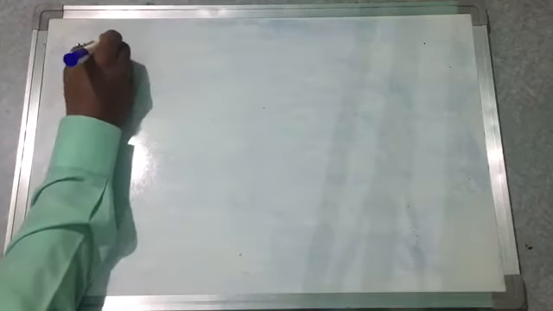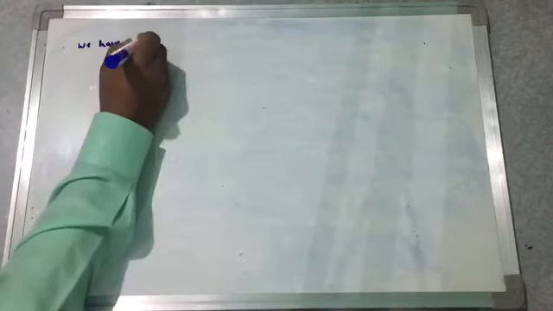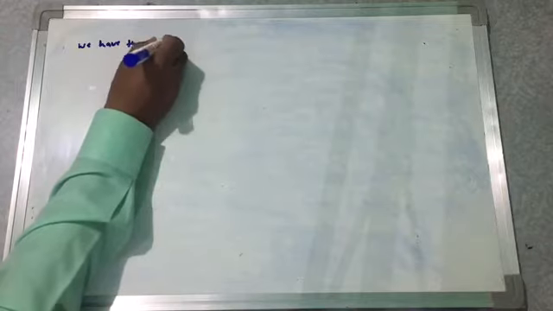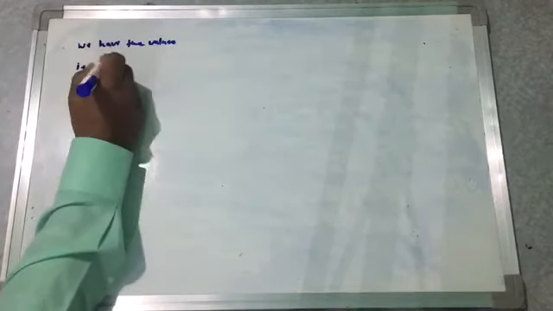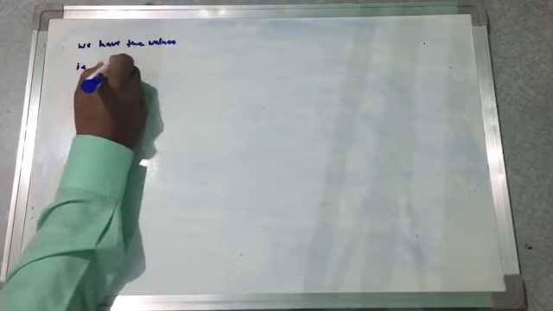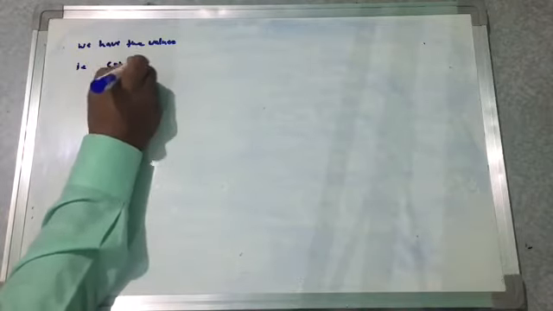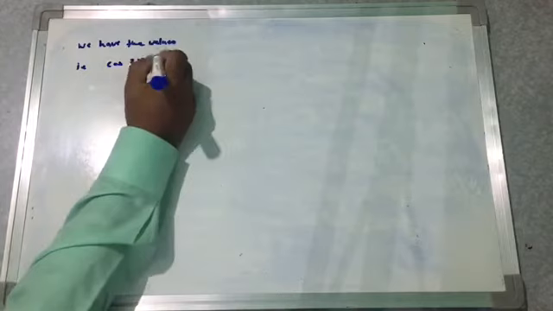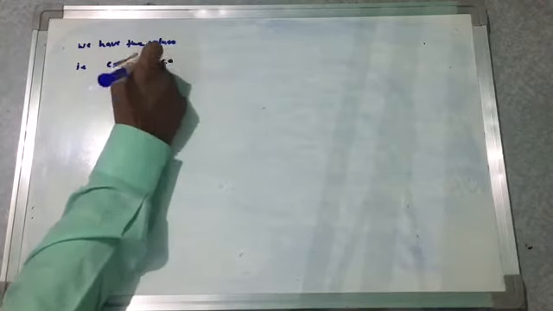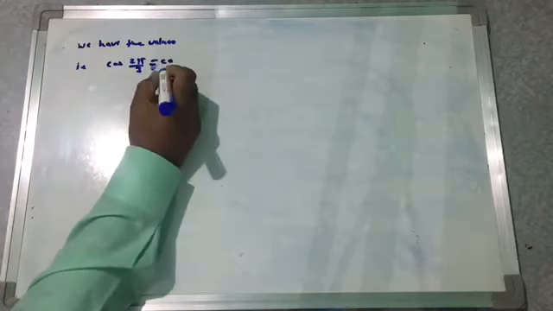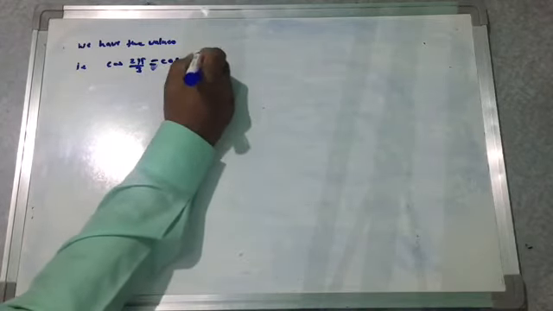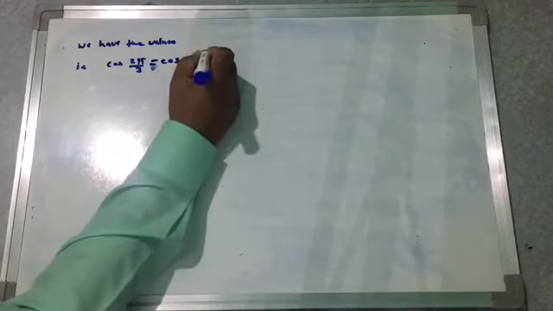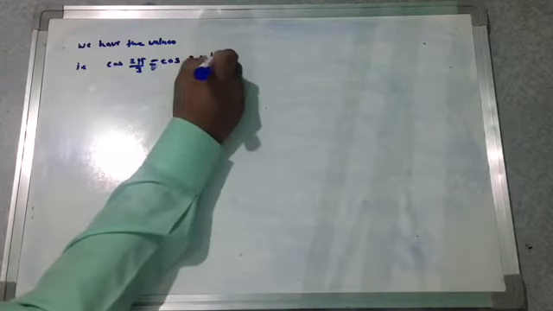We have the values, that is cos 2 pi upon 3. It means that is cos of 2 into pi, which is 180 divided by 3.